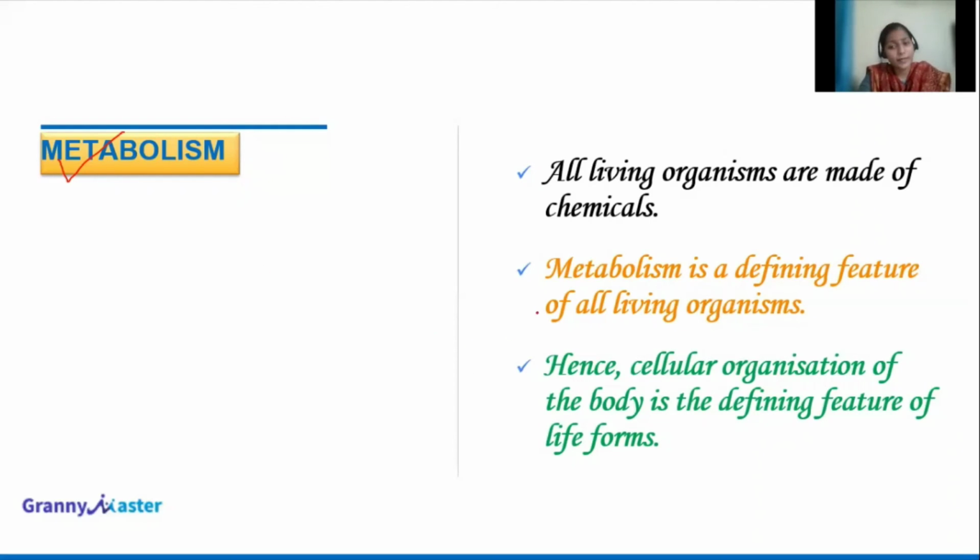So this metabolism can be considered as a defining feature of all living organisms, and the cellular organization of the body is also a defining feature of life forms, because from the unicellular organism like amoeba or bacteria to the higher level of organisms like animals, human beings, we have a level of organization: the cellular level of organization, tissue level of organization, then organ level of organization, organ system level of organization, and finally the organism, the multicellular organism.